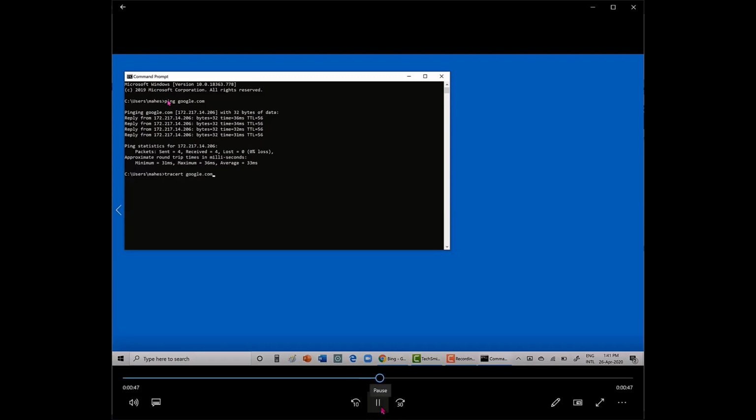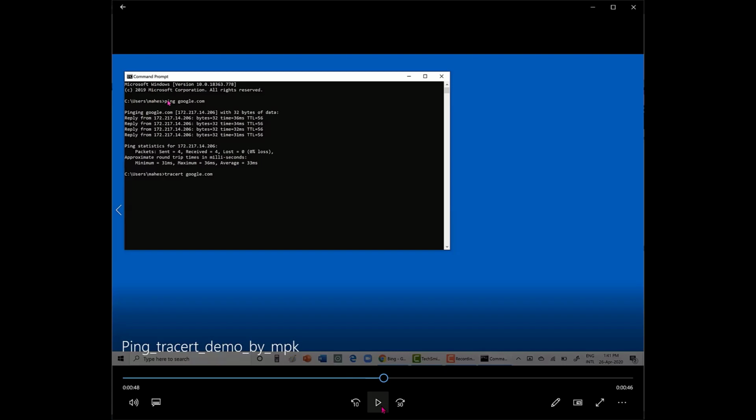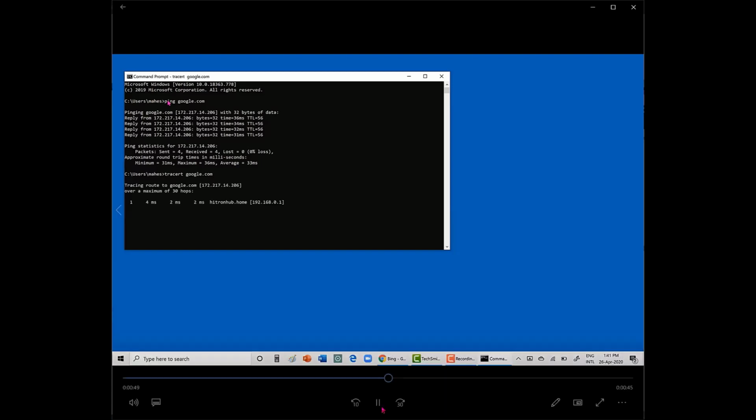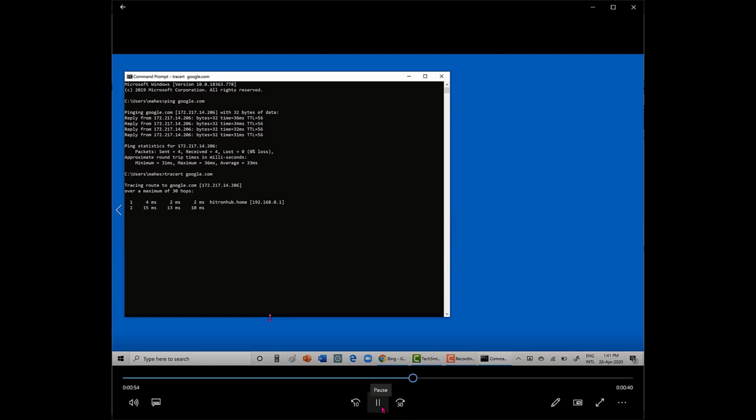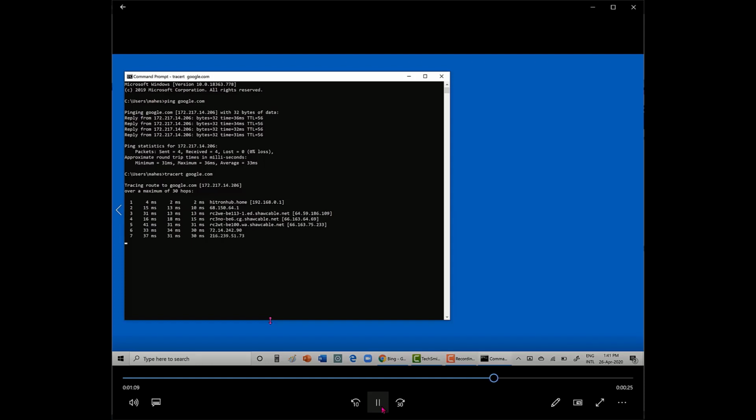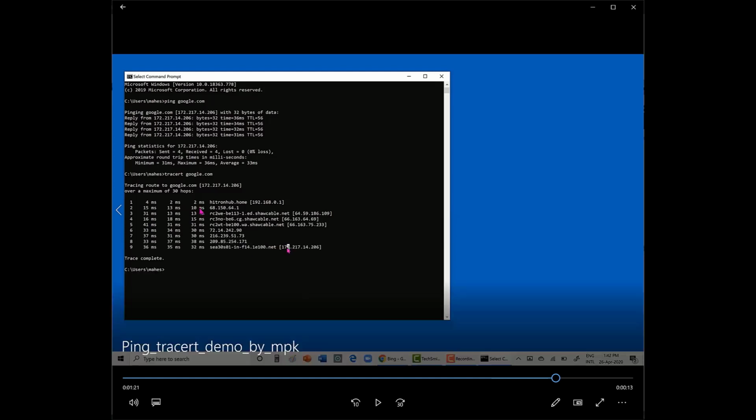I typed google.com, so we are tracing google.com, and now it is tracing. Wow, that's important information. Oh, amazing. And it is happening in a sort of live environment. You can do that on your computer.